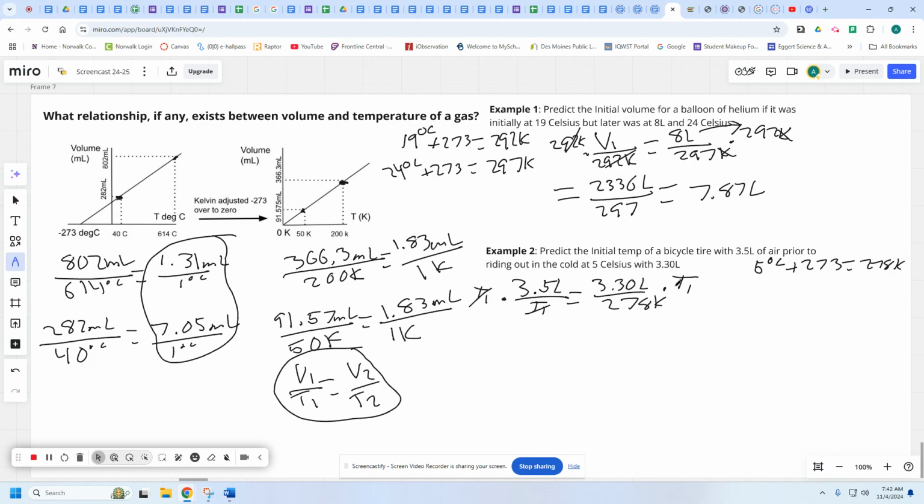Now that it's a little messy, I'm going to rewrite this and end up doing the reciprocal to free up the T1, because now the T1 is stuck to this ratio. But the left-hand side is starting to look a little bit cleaner now that it's isolated from the variable.